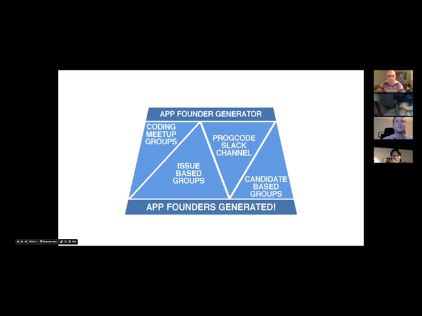Building up our relationships with these coding meetup groups will allow us to find more people who are interested in coding for progressive change, and we can bring them onto the prog code Slack channel and into the prog code community, and that brings us more people into the community.